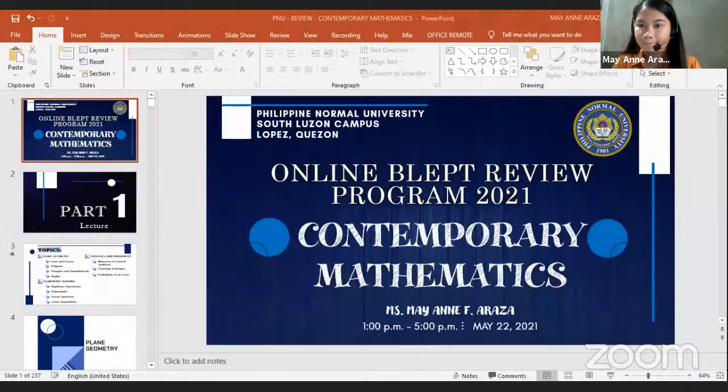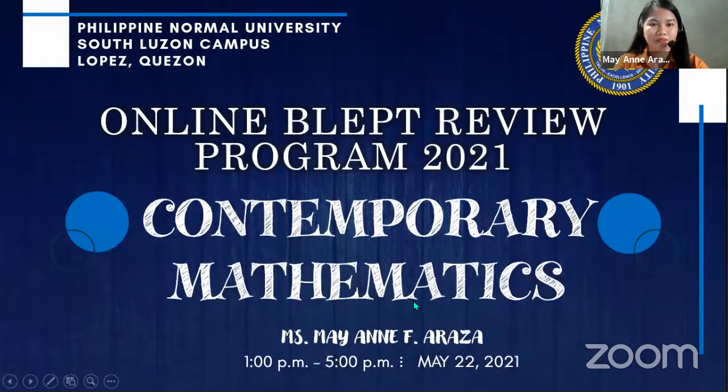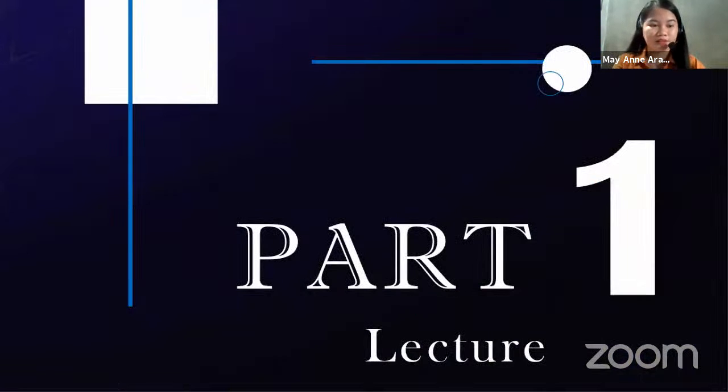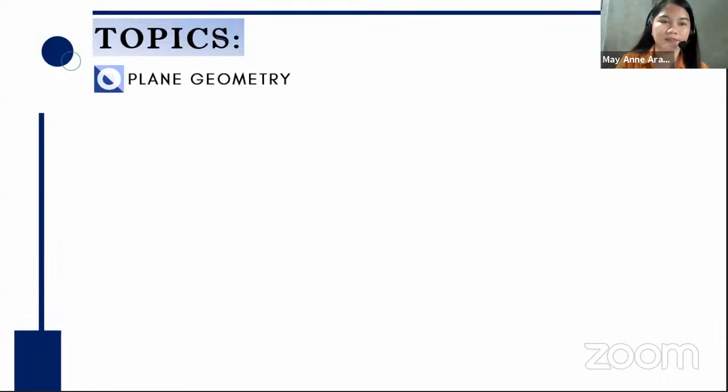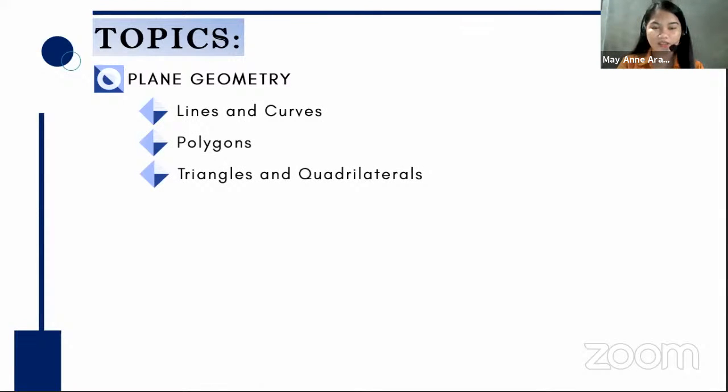We'll discuss contemporary mathematics. Under this, we'll discuss the following topics: plane geometry, where we have lines and curves, polygons, triangles and quadrilaterals, and angles.